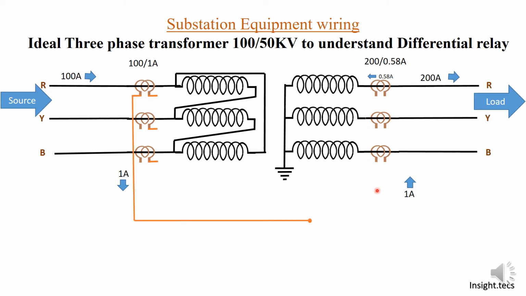The thumb rule says that the CT connected on the side having a delta winding should always be connected in a star form, and the CT connected on the star side should always be connected in delta. Because of this thumb rule, the CT I have taken has the ratio of 100 by 1 ampere, and the CT I have connected on the secondary side is of 200 by 0.58 ampere.